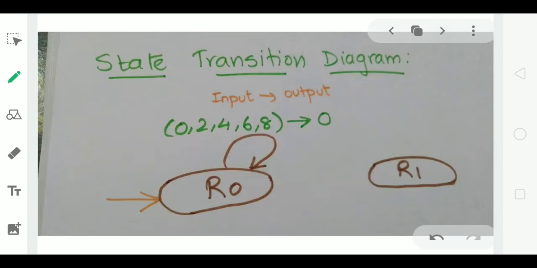Now from your state transition table, that is from the machine table, we came to know the inputs 0, 2, 4, 6 on R0. What output do these input bits produce with R0? We are going to attach the output here. That means we write the input and output pairing near the arrow. So the R0 state with the inputs 0, 2, 4, 6, from the machine function we will get this kind of output.